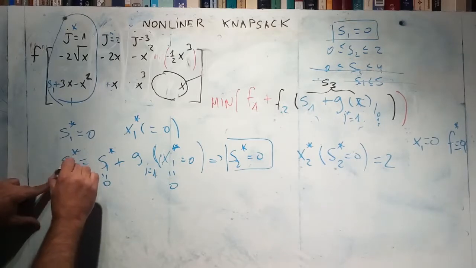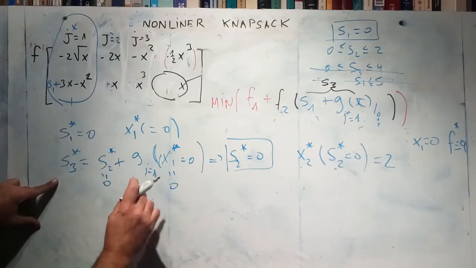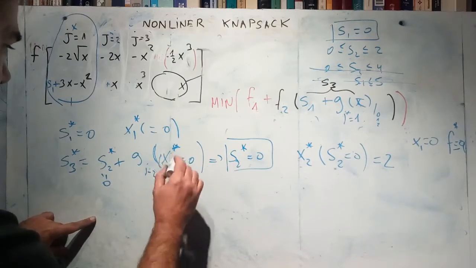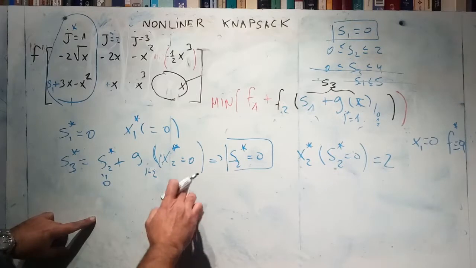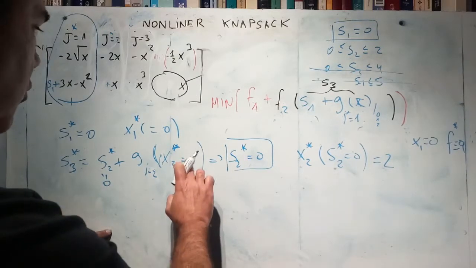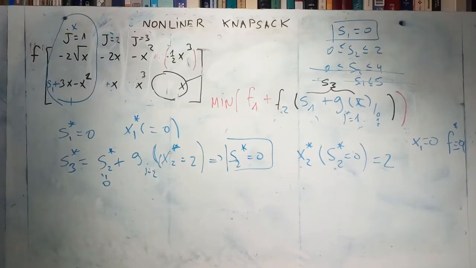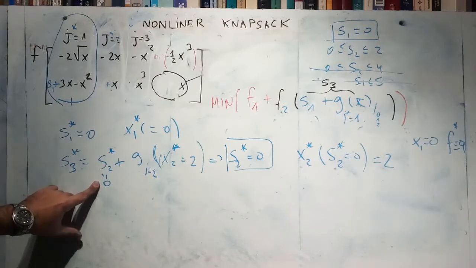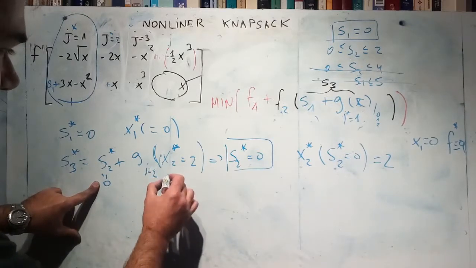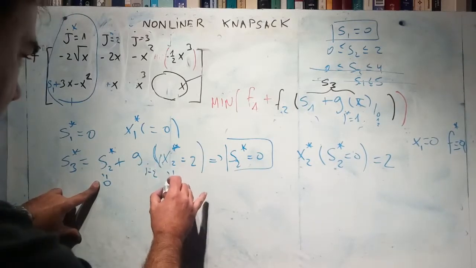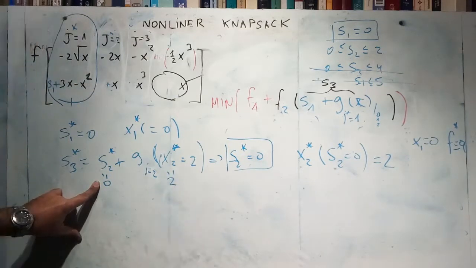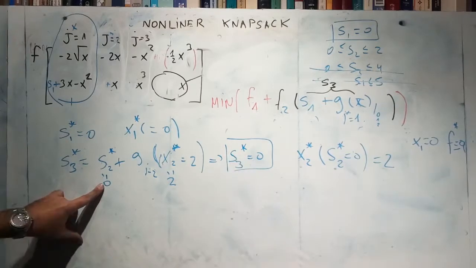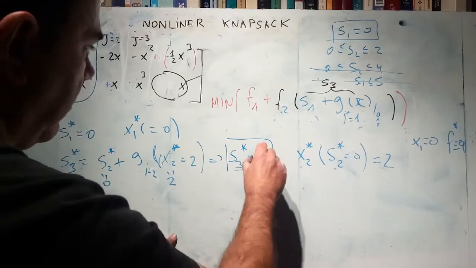Now S3 star will be S2 star plus g of j being 2 and x star being 2. X star being 2, I said, right? So this is giving us a value of S2 star was 0 and g of x star being 2, looking at the constraint, is giving us 2. So 0 plus 2, it means that S3 star has an optimal value of 2.